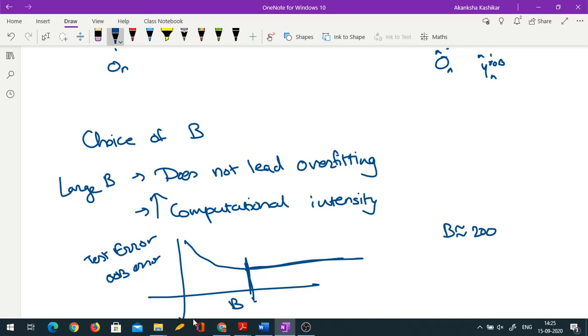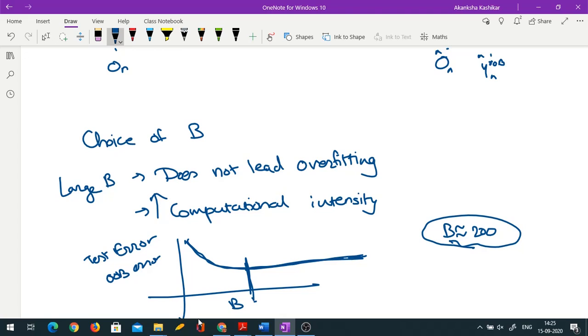You don't have to go for 5000 bootstrap samples. Of course, initially as you increase B there is a decrease, but after a certain stage that decrease is not significant. At that point you stop and go with that many trees. This is how you choose B in bagging.